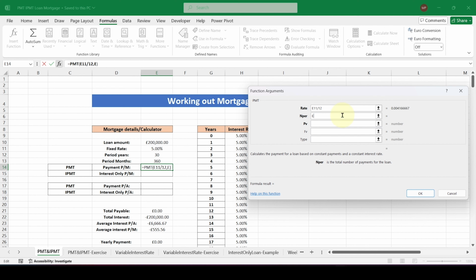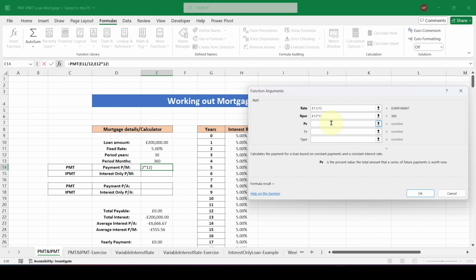Or you can just delete that, select the year and multiply it by 12. So once again we have the months showing here, which is 360. Back to my earlier point, you have to make sure that if you want monthly payments, you are inputting the correct type of data here.